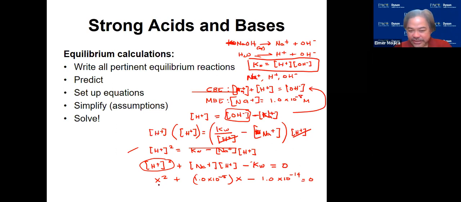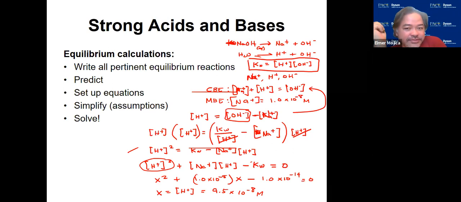So I just calculate for X, which is my H plus. So I just did the problem once again, just for the sake that you know how to solve problems like this. Okay?